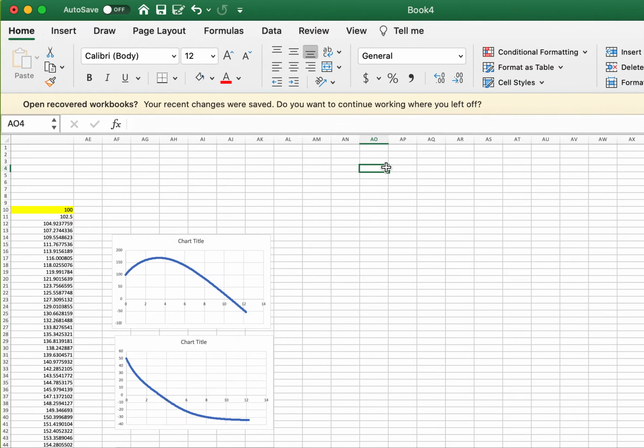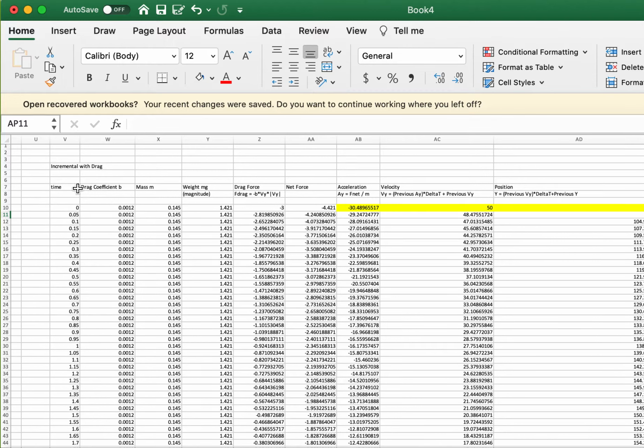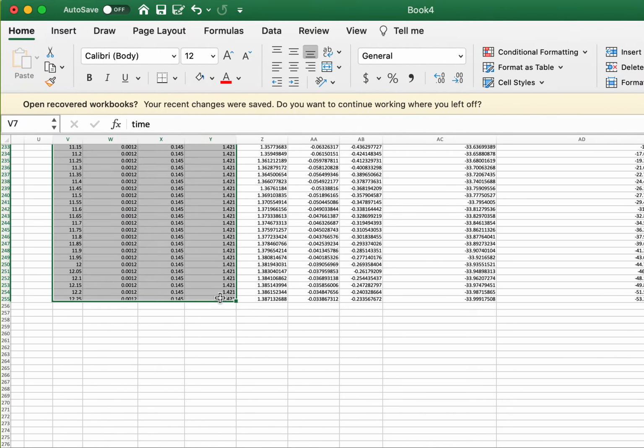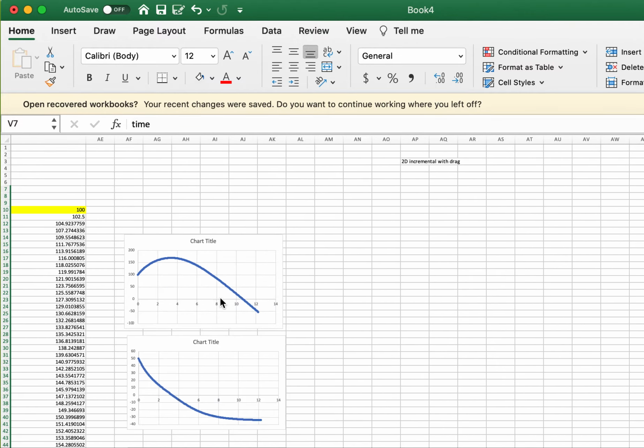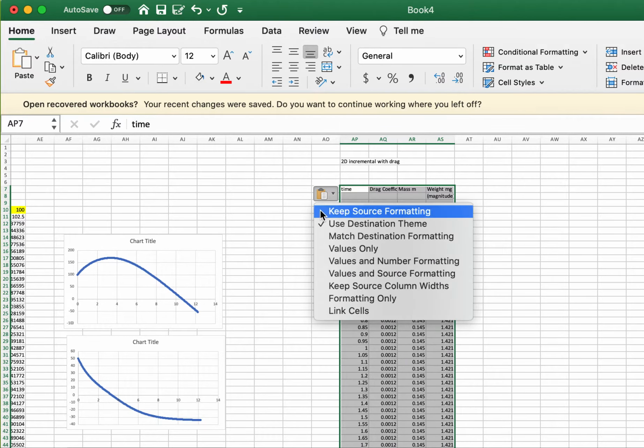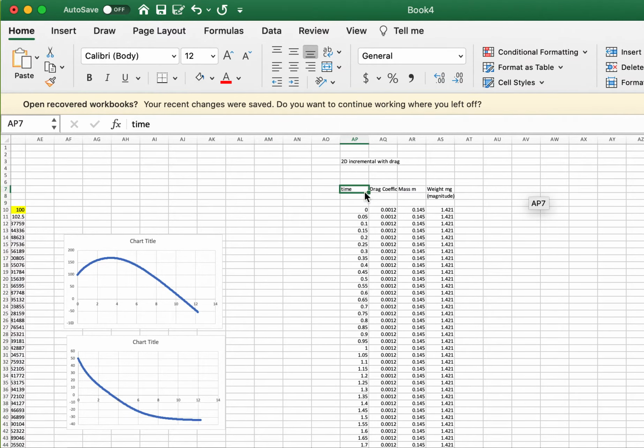All right, so now we're going to call this 2D incremental with drag. Some of this stuff can be copied right over. So I'll still need the time, drag coefficient, mass of the ball, and the weight of the ball.